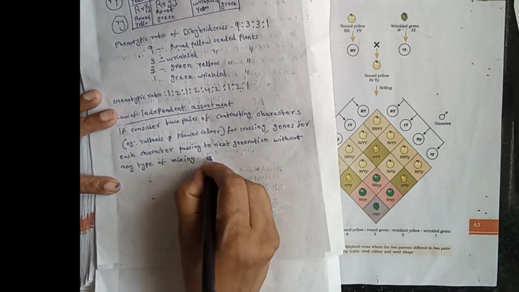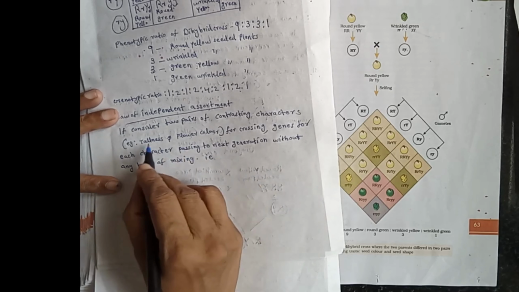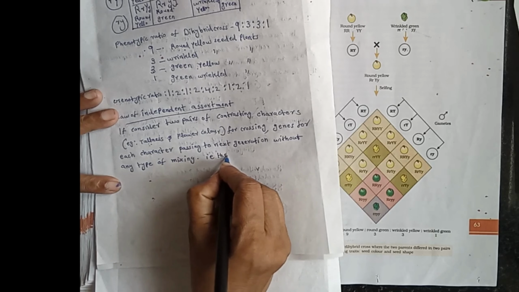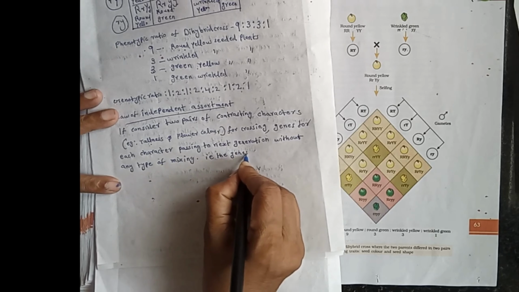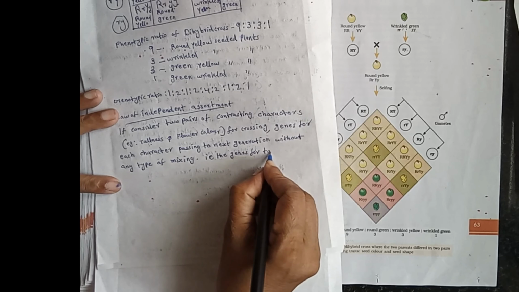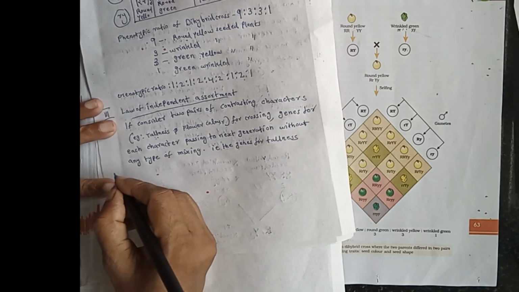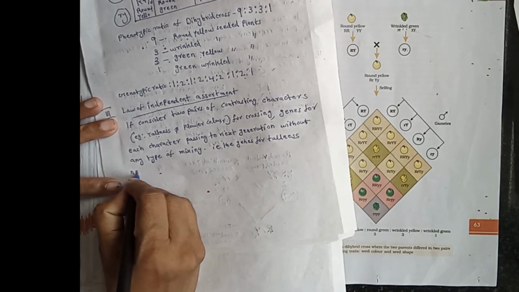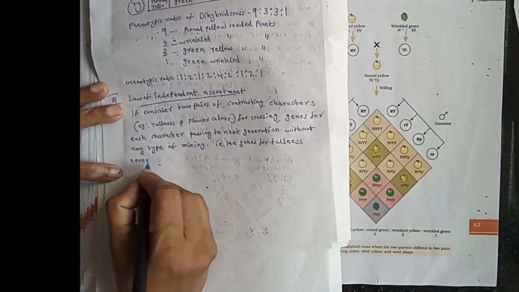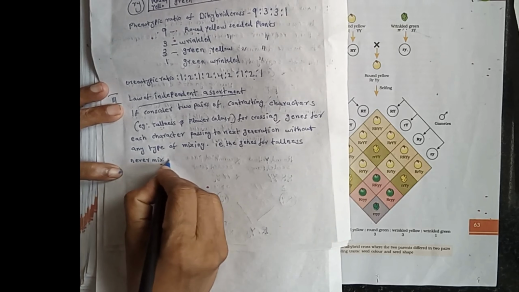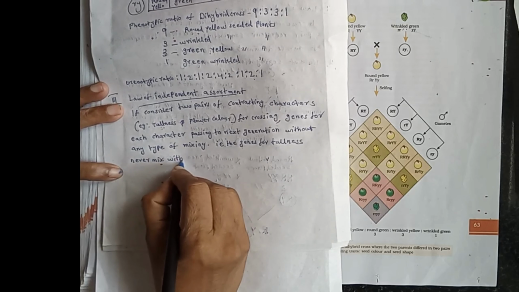That is, the genes for tallness never mix with the genes for flower color.